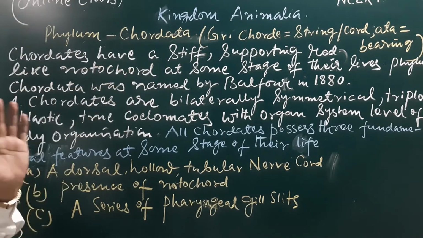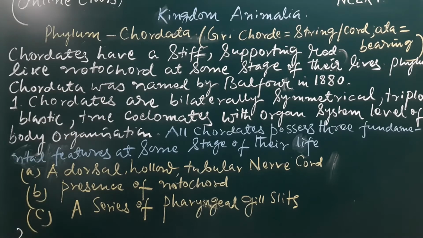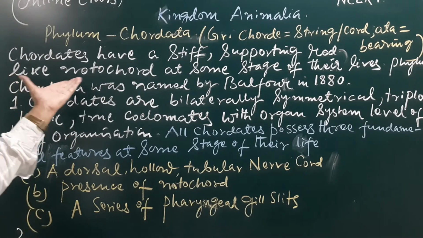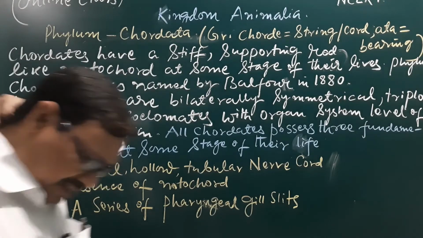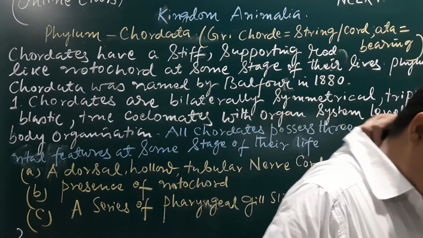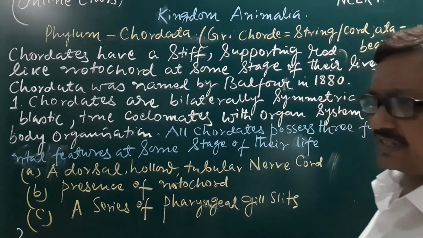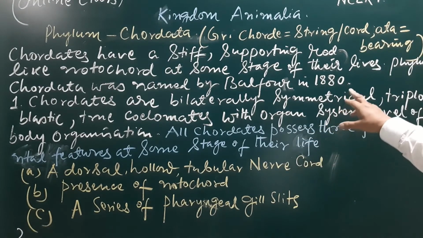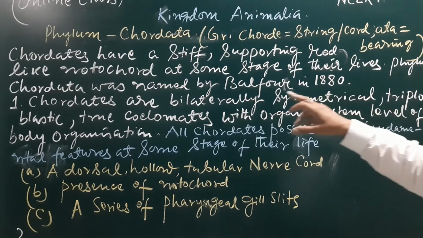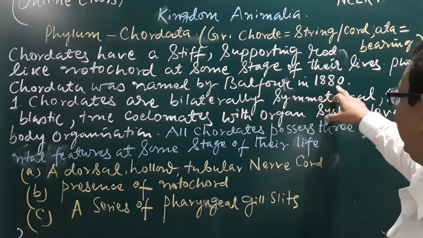Chordates have a stiff supporting rod-like notochord at some stage of their life. It may not persist as long as life, it may persist only at some stage of life. Phylum Chordata was named by Balfour in 1888.